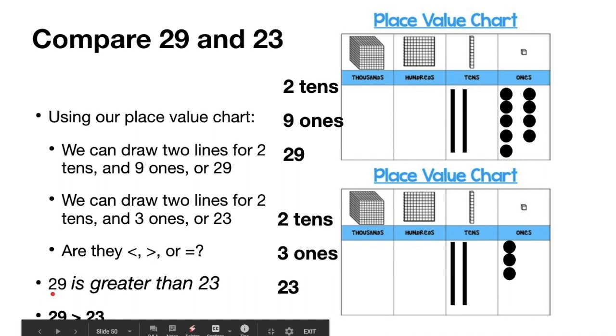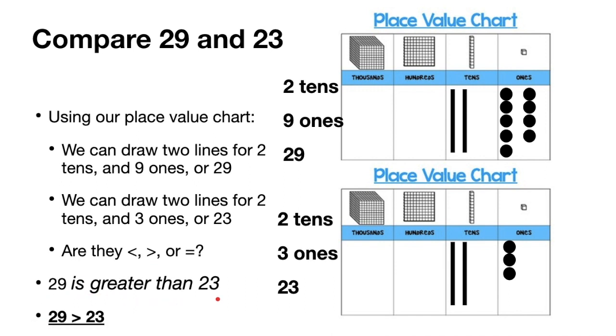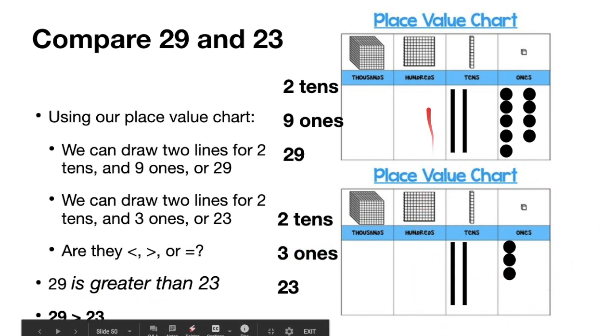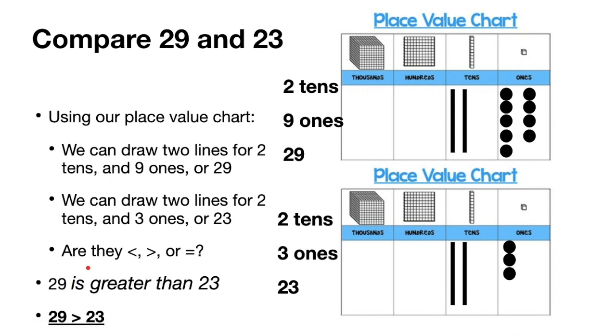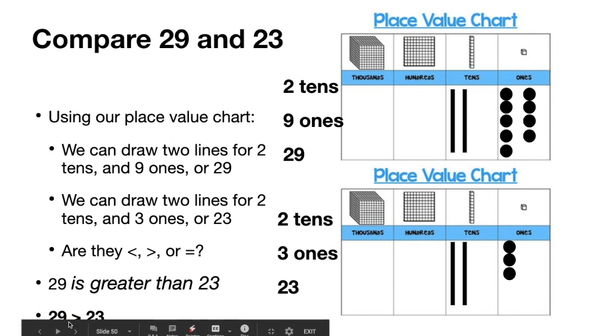We can easily say 29 is greater than 23 after looking at our place value chart, not Mr. Bryce revealing the answer to you. So we can say that 29 is greater than 23. That alligator is going to eat that 29 because it is delicious and yummy and bigger than 23.